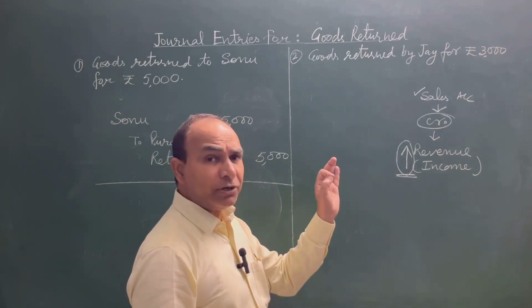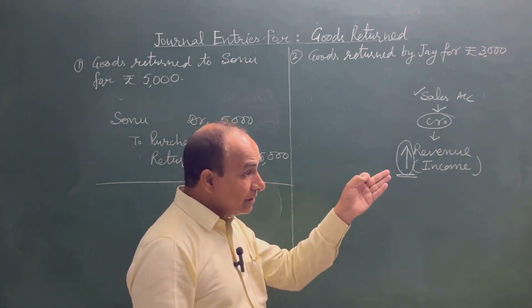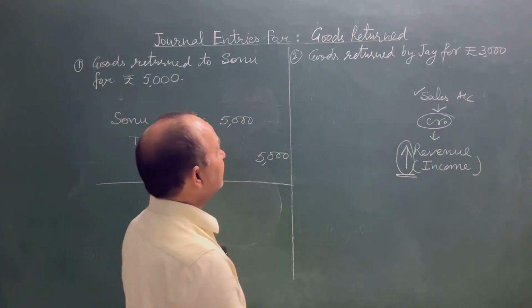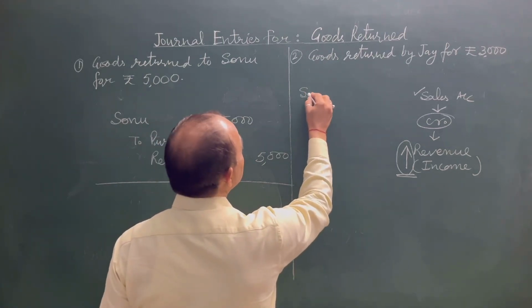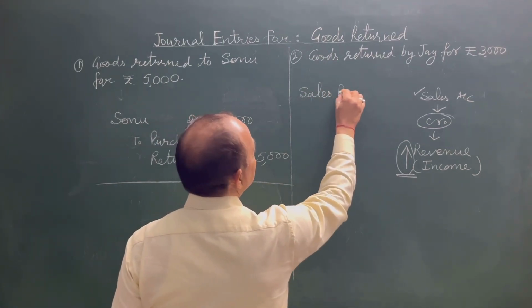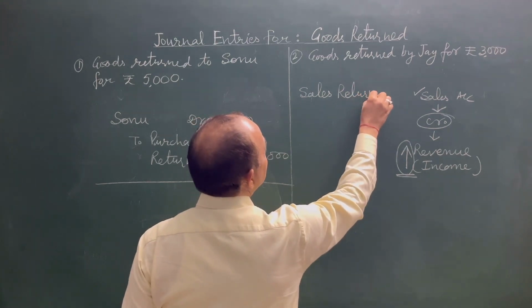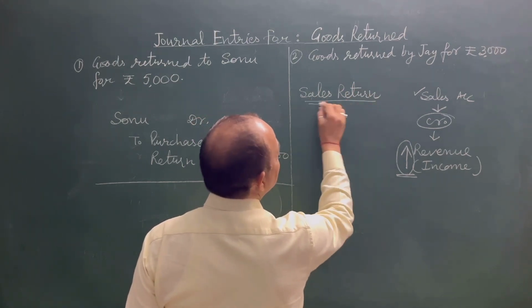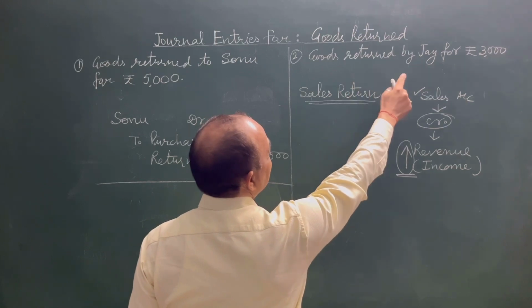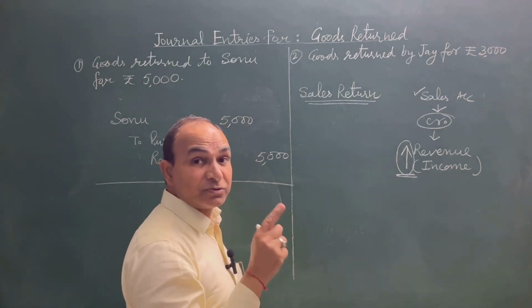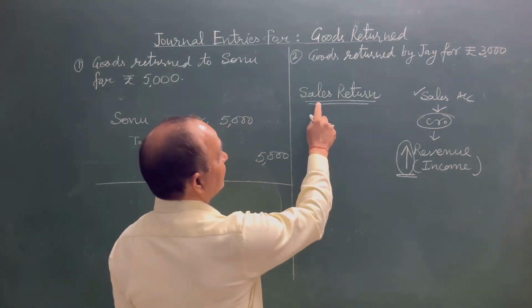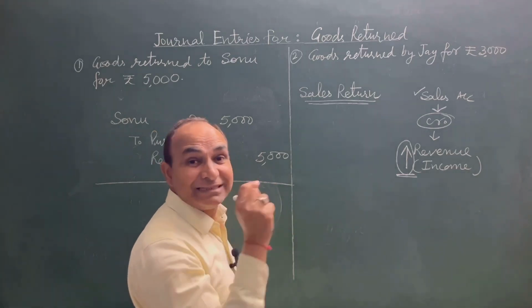And when some part of the goods sold are returned by the customer, that is termed as sales return. See, goods returned by J means J returned goods worth rupees 3000. This is termed as sales return.